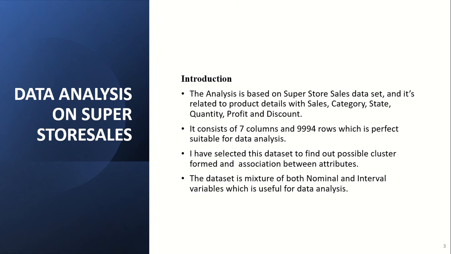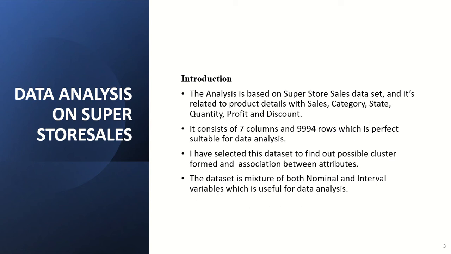So this is an introduction of the data set. As I said earlier, it represents the sales category, different states, and the quantity, the profit and the discount. It consists of 7 columns and 9994 records or rows, which is perfectly suitable for data analysis.